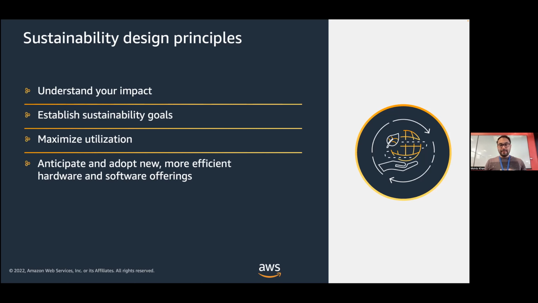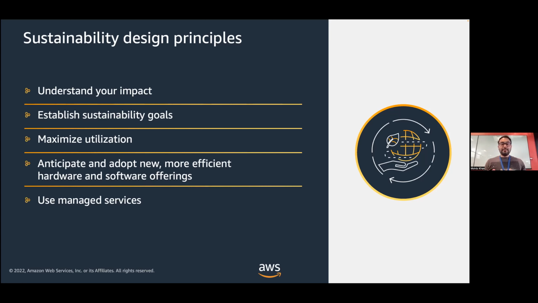The other part that comes into the design principles, the fifth part, is using managed services. So how does it reduce the inefficiency of the resources and reduce the carbon footprint? I will address this as the managed services part. What are the benefits and how do we do that?